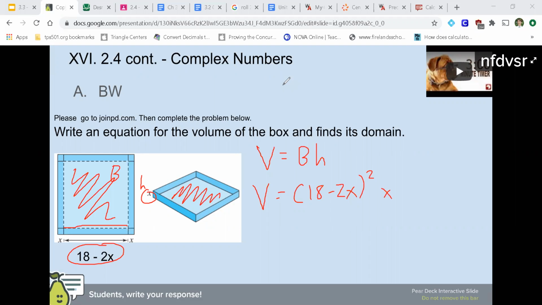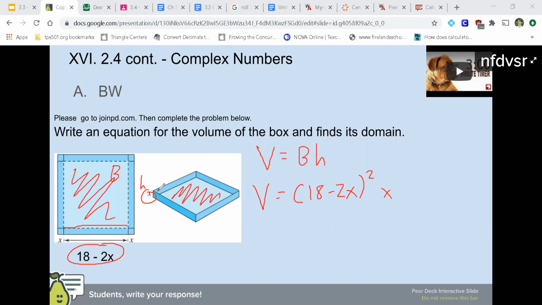To find the domain, well, we know there are three constraints, really, factually two. The height has to be a positive real number. Otherwise, if the height was 0, this would just be a sheet of paper and it wouldn't be a box. If the height was a negative number, that's impossible to make. We can't make a box with a height of -3 centimeters.